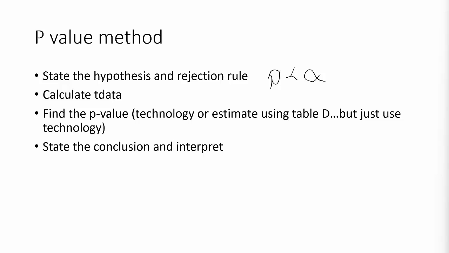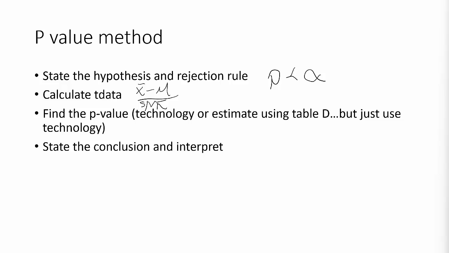And you're going to calculate your t data, which we know is this. And we're going to find the p-value using technology. We're not going to use the table. All right, so this is what we're going to do.